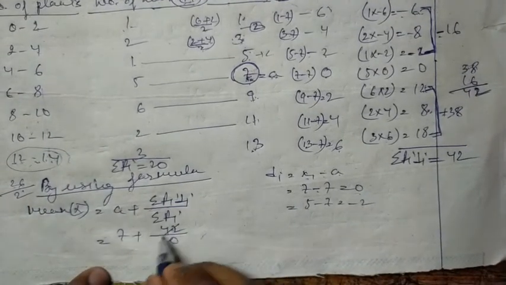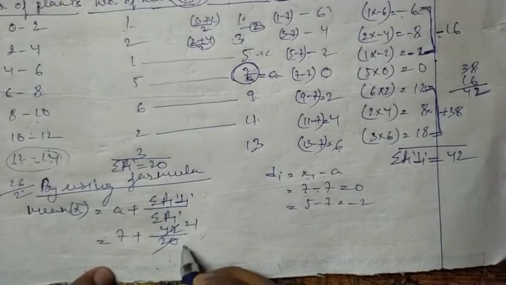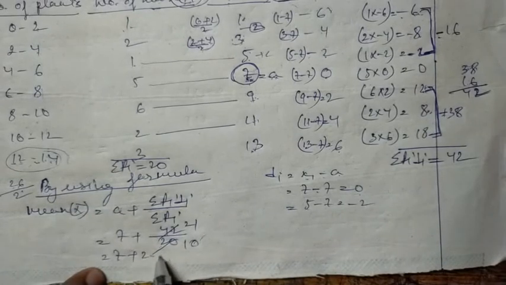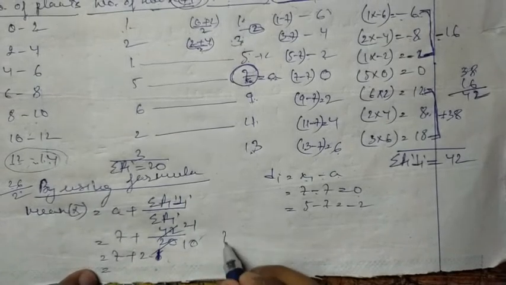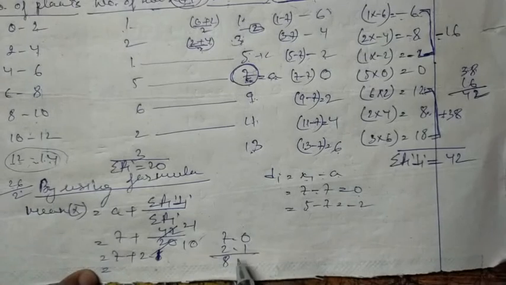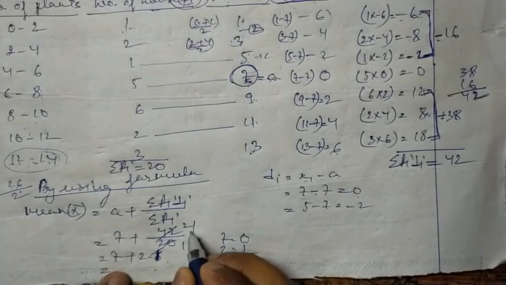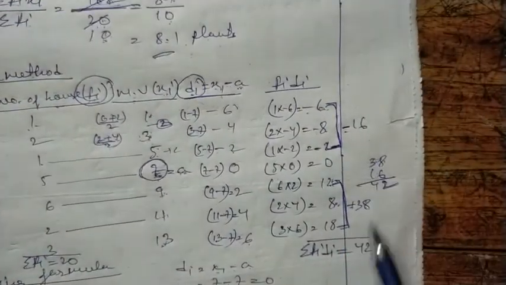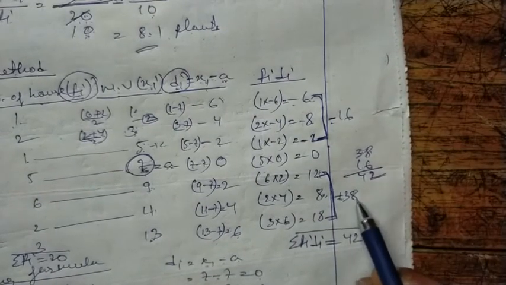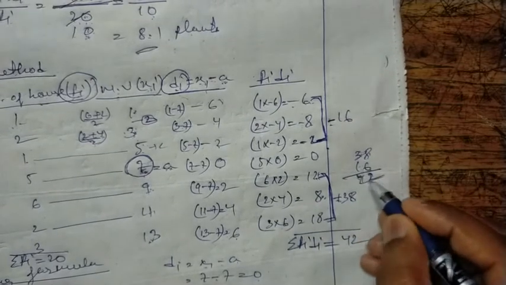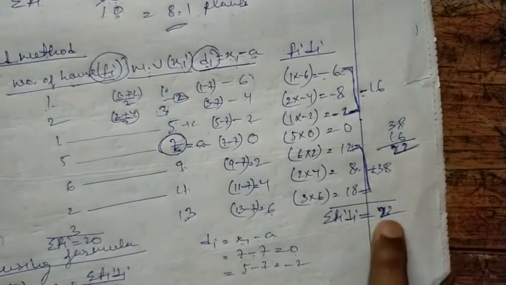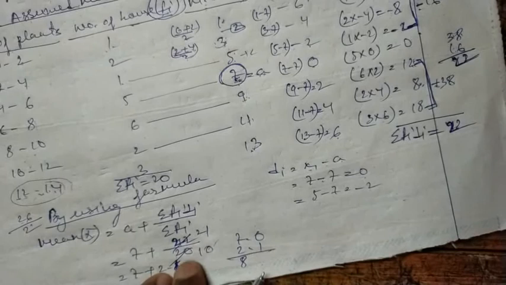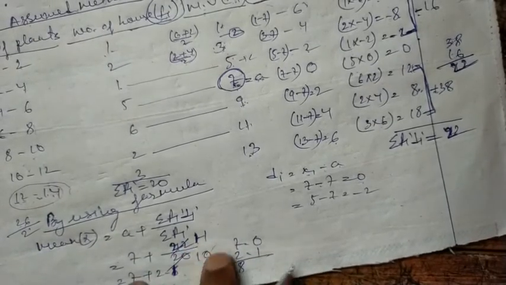Again, we can cancel both numerator and denominator by 2. 2 ones are 2, 2 ones are 2, then 2 tens are 20.